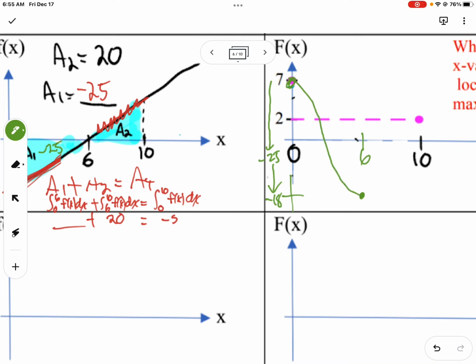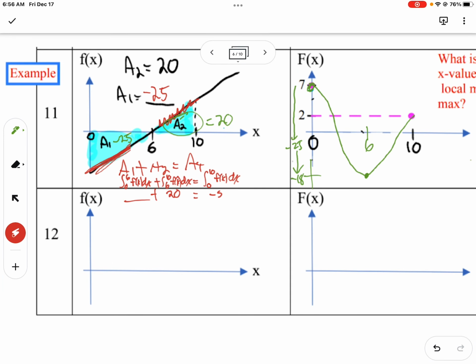And then we don't know the shape of the curve yet. But then the A2, the positive area, is 20. So then it had to go up by 20. And is that right? If I go from negative 18 up to 2, did I go up by 20? I sure did. It takes 18 to get to 0 and then another 2. Okay, so you can see, look at that.